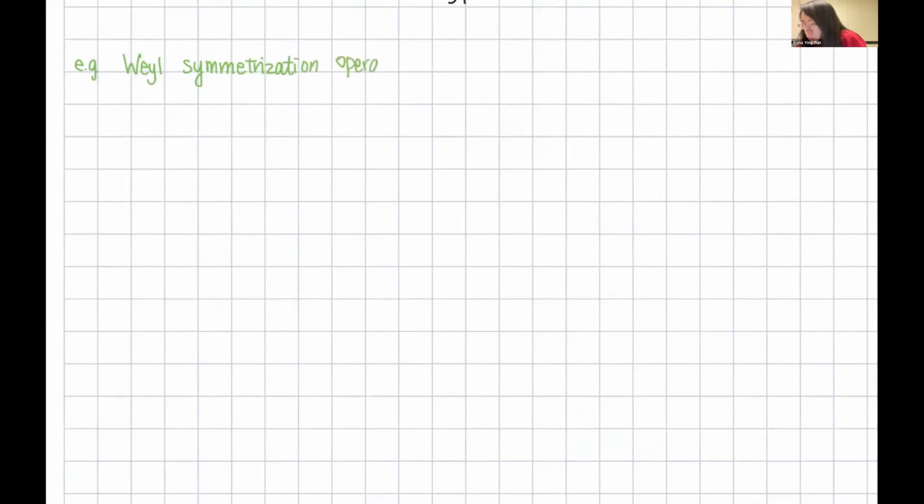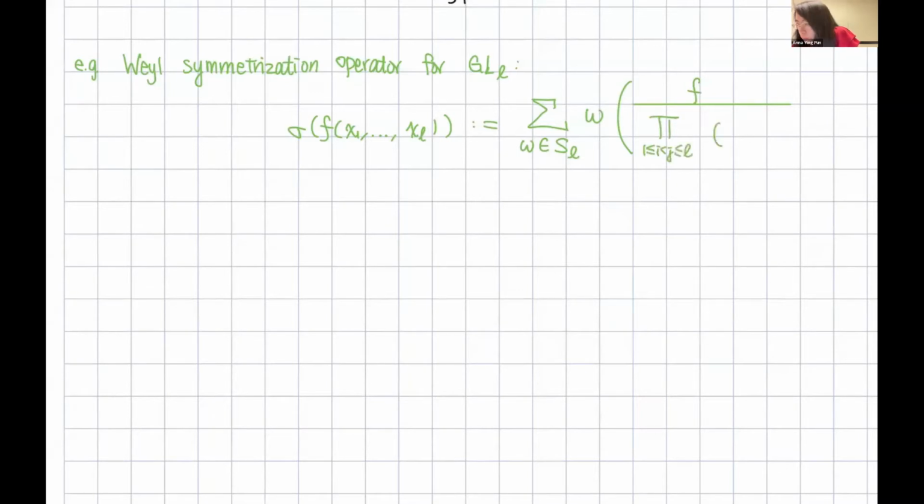You give me any function f, f of x1 up to xl, and the definition is just this: the sum over w in SL of w applied to f, divided by the product over 1 less than i less than j less than or equal to L of 1 minus xj over xi.